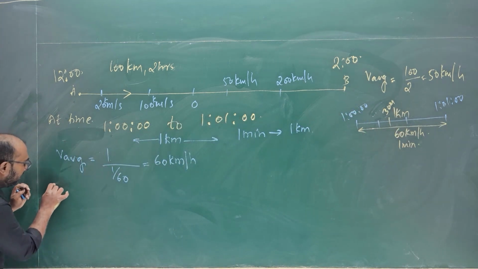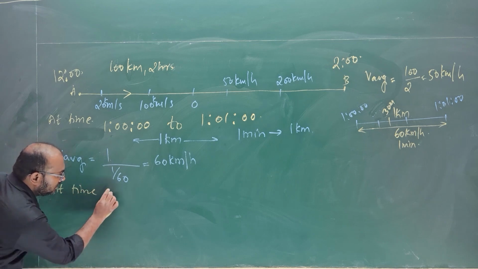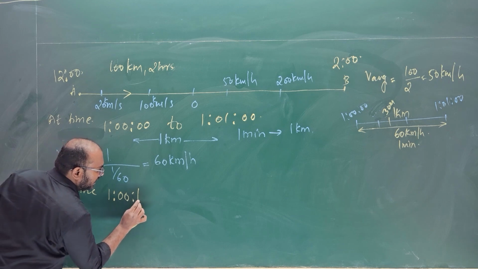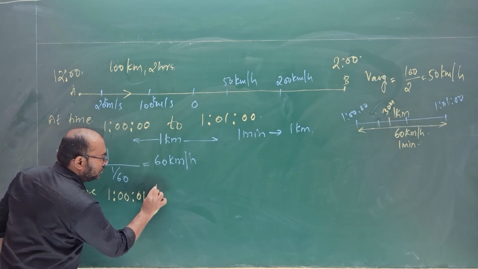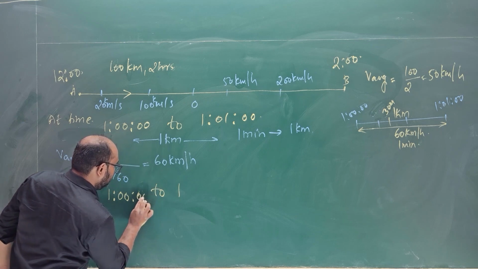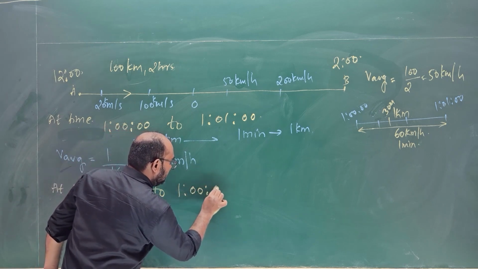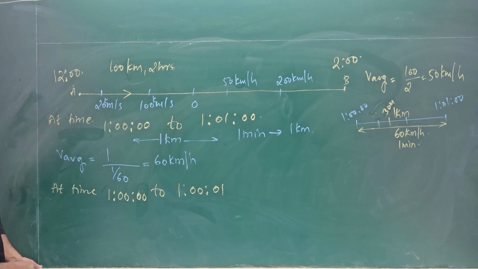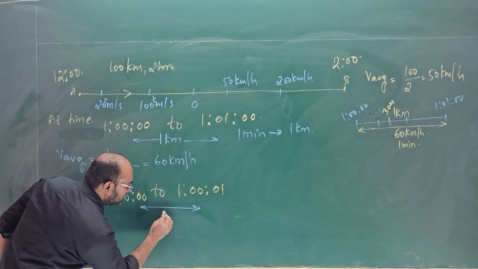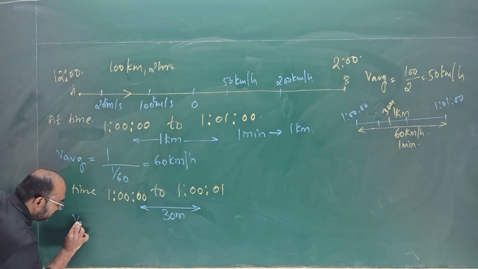So, at time t, the given time is 1 hour, 0 minute, 0 second to 1 hour, 0 minute and 1 second. We already considered that we traveled 30 meters in this time instant. So can we calculate V average?